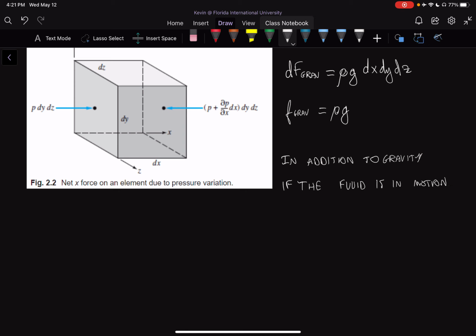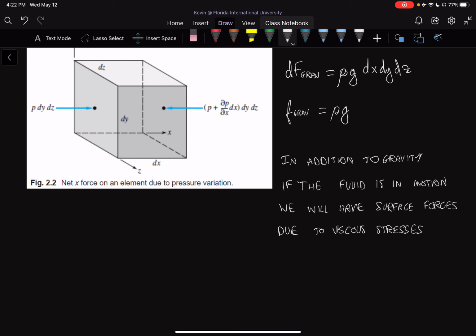So if the fluid is in motion, we will have surface forces due to viscous stresses. So you can see how we're complicating the problem by adding gravity and now adding acceleration.